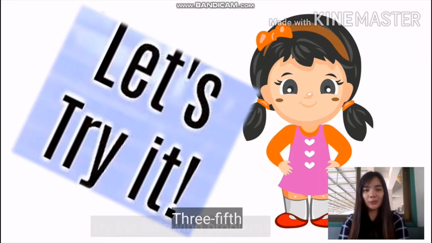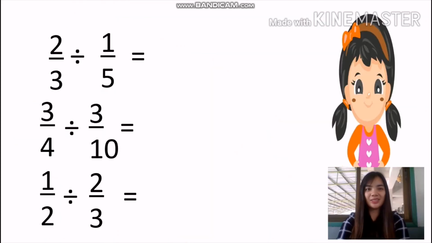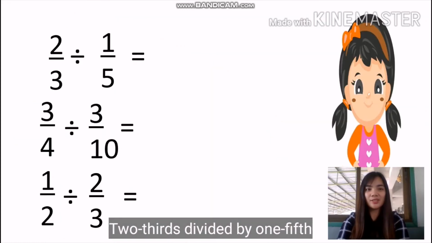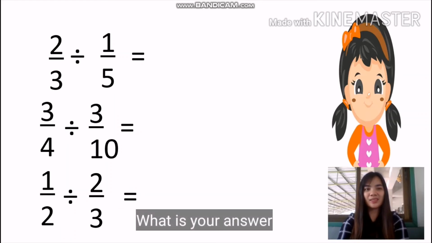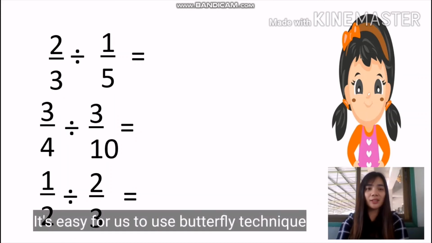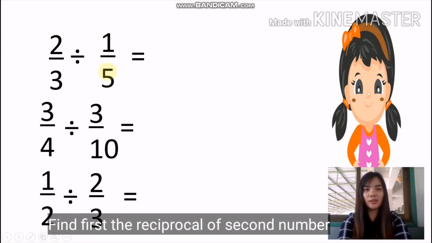Let's try the following problems. Are you ready? Solve it also. First, we have 2/3 divided by 1/5. What is your answer? It's easy for us to use the butterfly technique here, since we are going to find first the reciprocal of the second number.